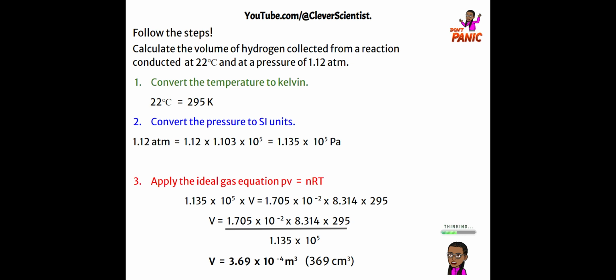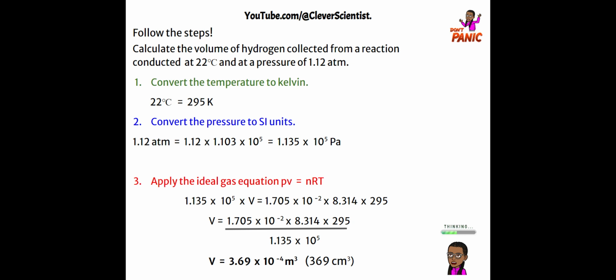And when we've done that, we will have calculated an answer of 3.69 times 10 to the minus 4 meters cubed. And that, as a number that we would more be able to process, is 369 centimetres cubed. Not as tricky as you thought.